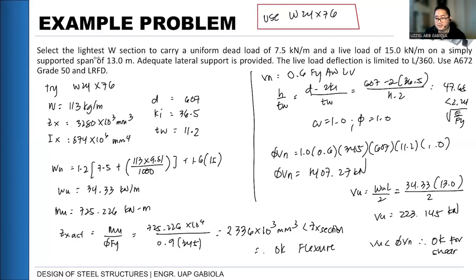Pwedeng mauna yung deflection, pero hindi kasi lagi nagko-control sa deflection no? So kung pwede naman mauna sa deflection para magkameron ka ng initial na section, tapos kapag hindi pumasa sa checking ng flexure tsaka ng shear, and then adjust ka doon sa kasunod na section dun sa table natin sa AISC. Pero yes, pwedeng maunang computing yung deflection. If you want to design or to select your section based from deflection requirements, okay lang din.